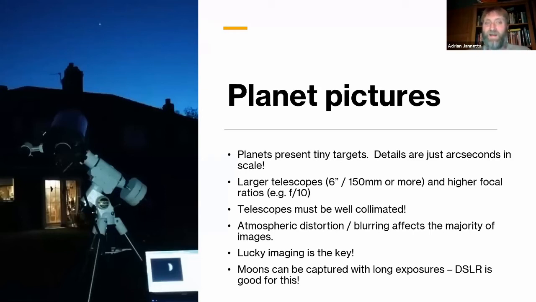Pictures of the planets are different, okay? They have some similarities, but they're different because they're bright and they're tiny in the sky. The picture there is a picture of the telescope pointed at the crescent Venus a few months ago. And I'm having to track the planet with the 8-inch telescope.